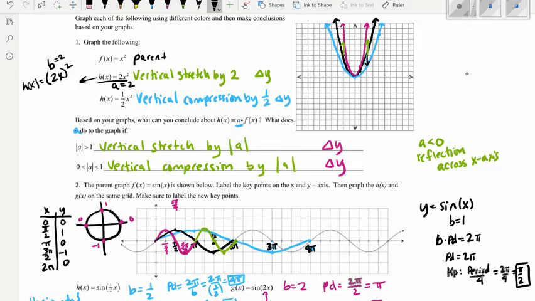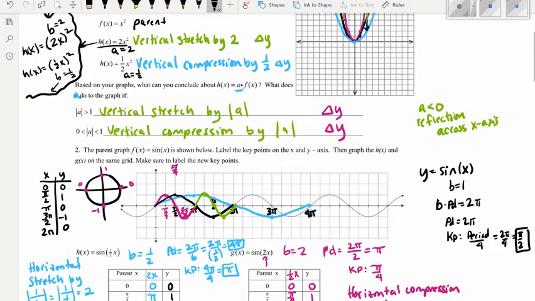And if I wanted to do the second one, h of x would be equal to parentheses 1/2 x quantity squared. So this is an a value of 1/2, where this is a b value of 1/2. So this first one, where the b value is 2, remember that means it's going to be a horizontal compression by half. And this second one, where the b value is 1/2, would be a horizontal stretch by 2, opposite thinking. So I just wanted to see what the difference was for horizontal versus vertical.